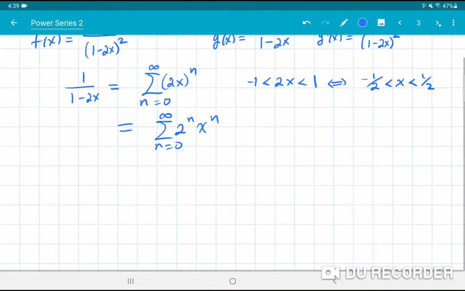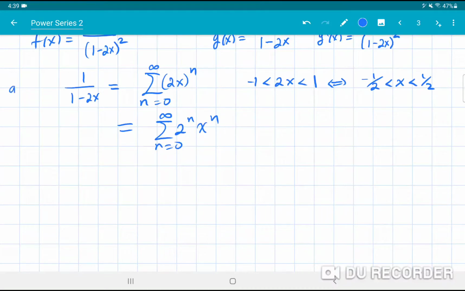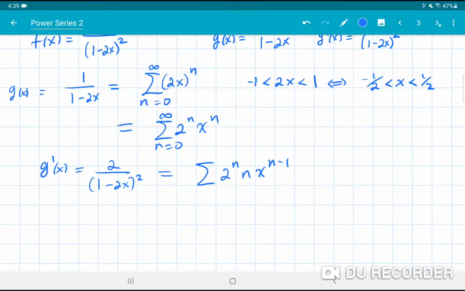All right, now take the derivative. I'll call this g of x. Take the derivative: 2 over (1 minus 2x) quantity squared is, take the derivative of that, the sum of n times 2 to the n, x to the power of n minus 1, from 0 to infinity. Just remember, 2 to the n is a constant.